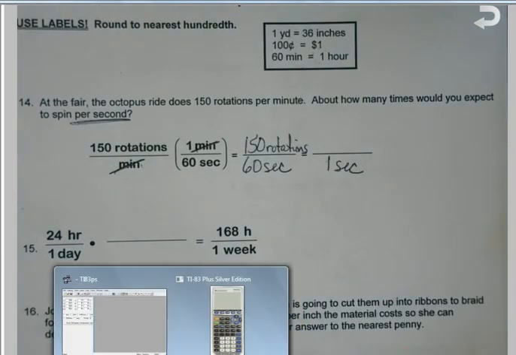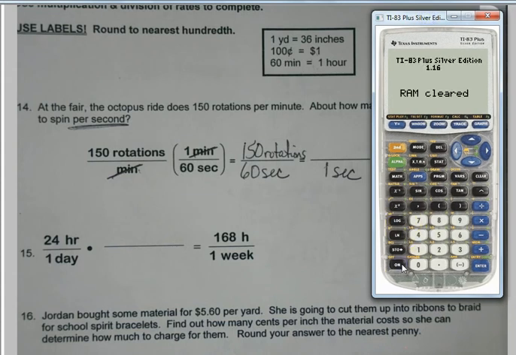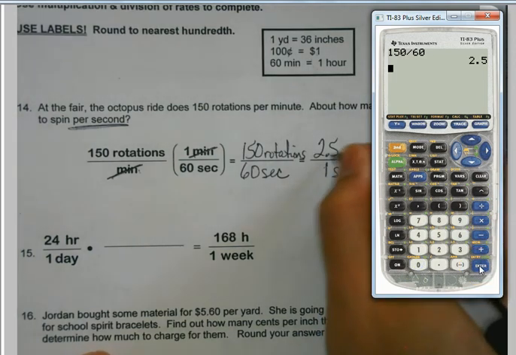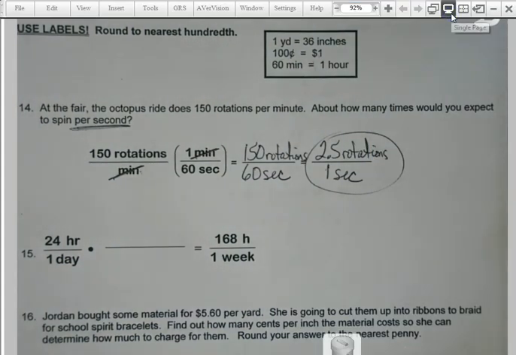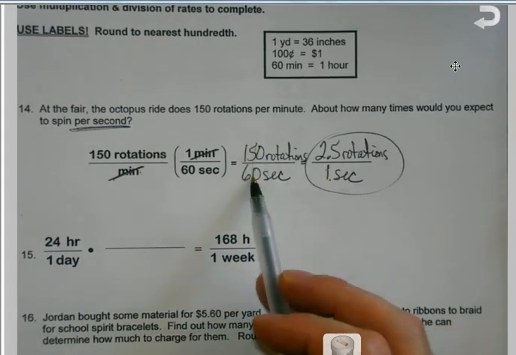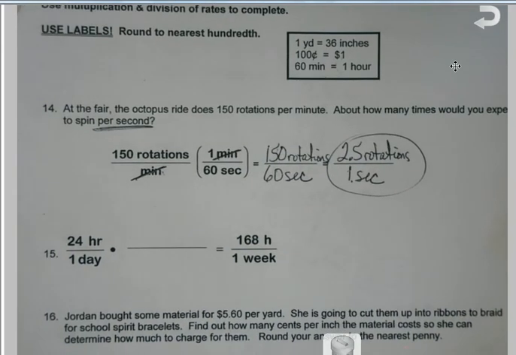So what you're really being asked to do is to take the fraction they gave you, 150 divided by 60, which means it would be 2.5 rotations per second. Man, that's going kind of fast. So when it says per second, it means we're just getting down to 1. In other words, just divide this and whatever answer you get is going to go up here. But we're always going to give you the information that you need to be able to do this.